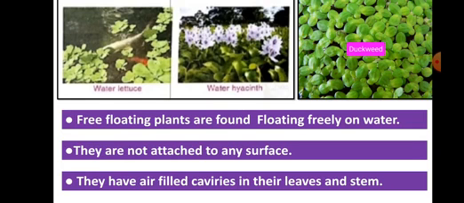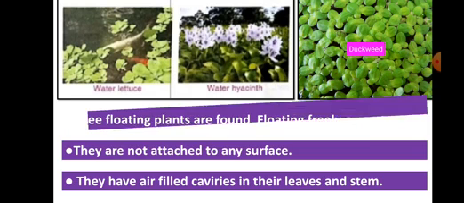Second point, they are not attached to any surface, that is, not attached to the pond bed. Third point, they have air filled cavities in their leaves and stem. Please check the spelling, CAVITIES. That's why they can float freely on the water.